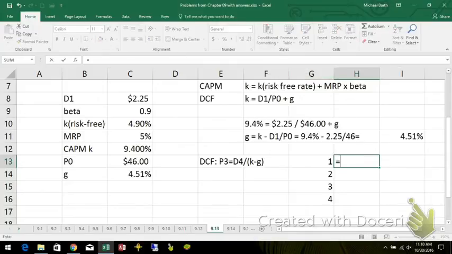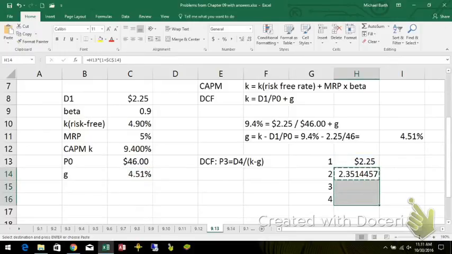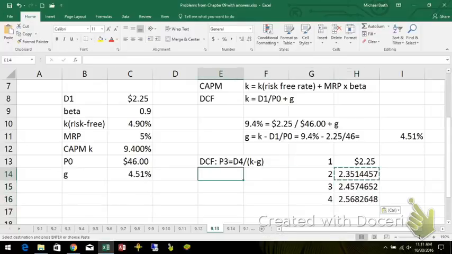If 2.25 is the dividend at year 1, then the dividend in year 2 would be that times 1 plus the constant growth rate. There's my D4.